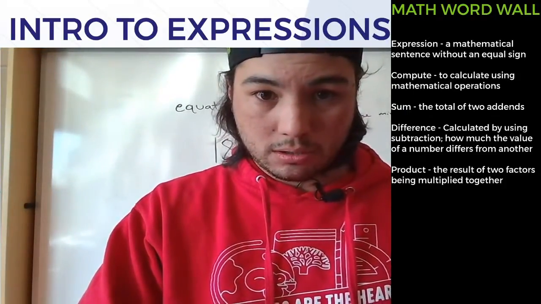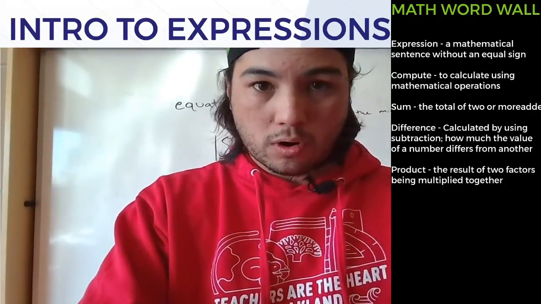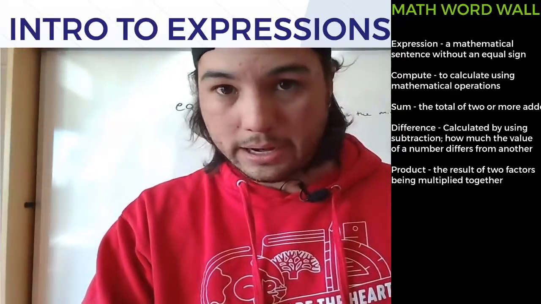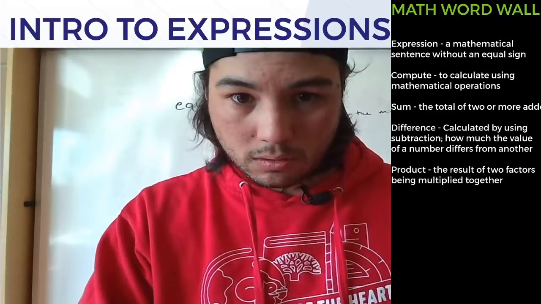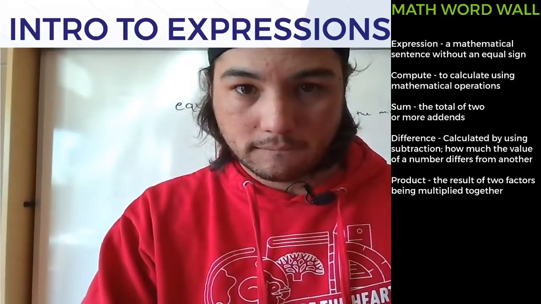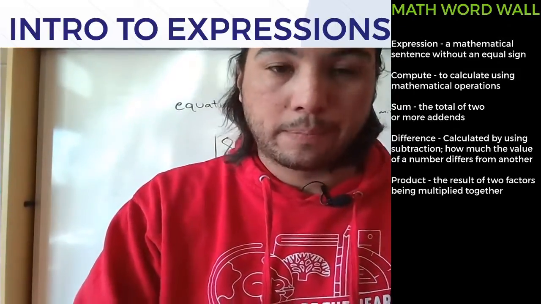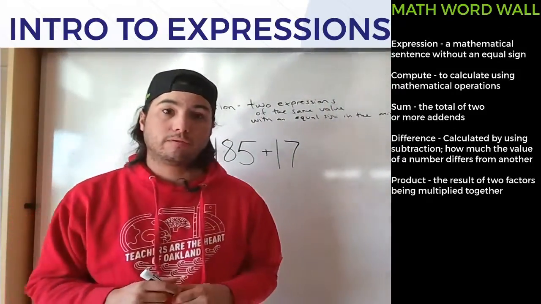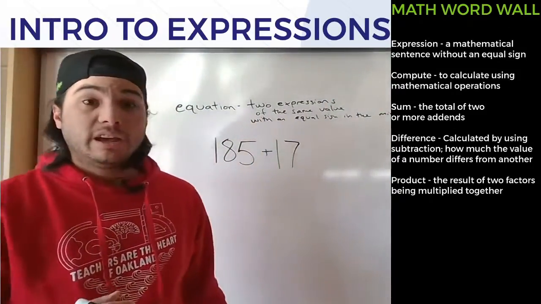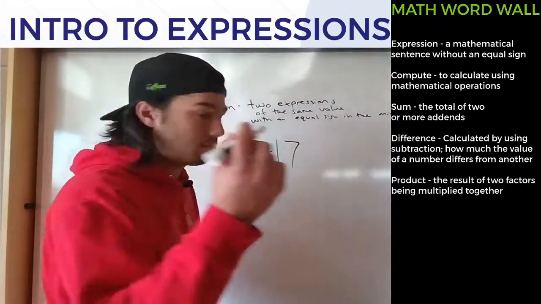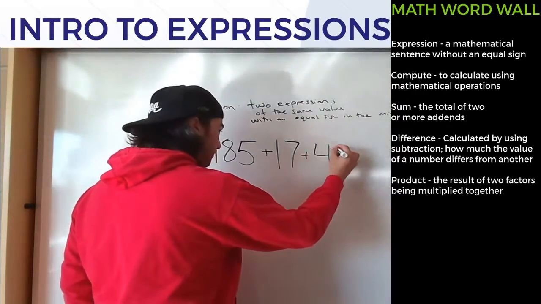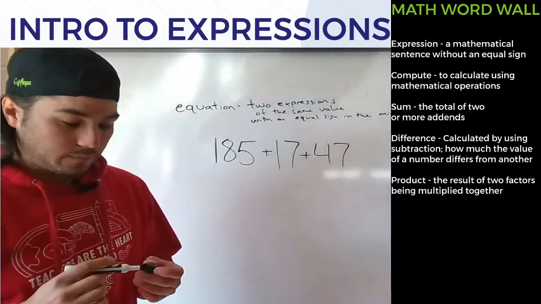Hold on. Or more add-ins. And ta-da! You were so right. Editing in real time. Beautiful. Yeah, 2 or more add-ins. If it was the sum of 185, 17, and 47, still using that plus sign.